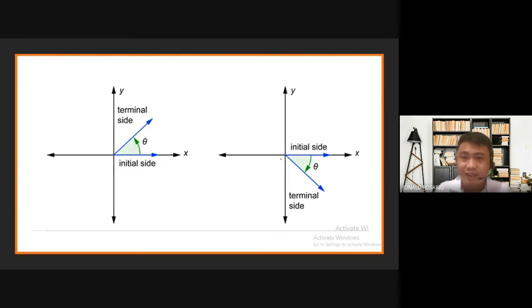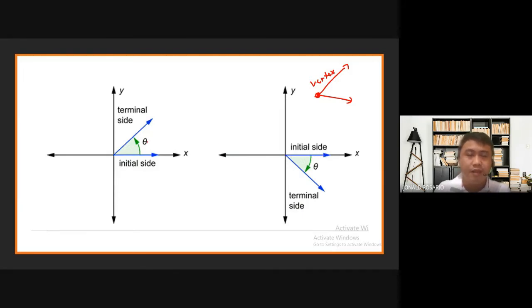So lahat naman sila ang kanilang vertex, kasi 'di ba sa angle, ang tawag natin dito vertex. Yan. So ang vertex nito ay nasa origin. Ang vertex naman din nito ay nasa origin. At lahat silang dalawa, ang kanilang initial sides ay nakalagay or coincide sa positive x-axis.